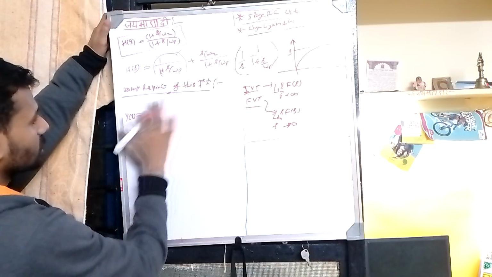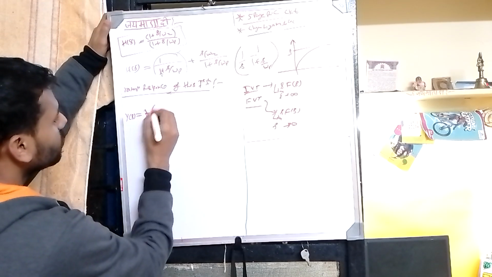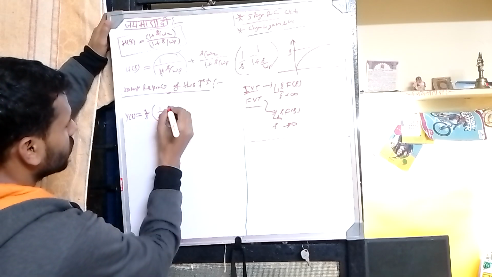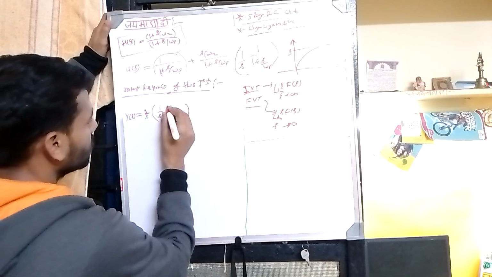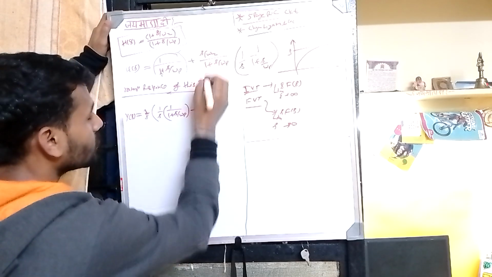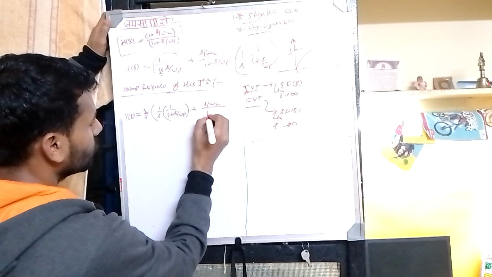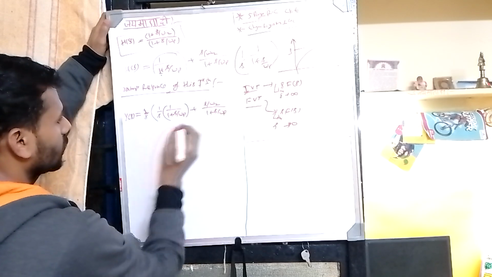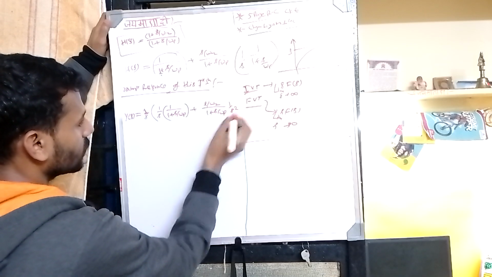It will become 1 by s upon 1 plus s by omega p, plus s by omega z upon 1 plus s by omega p, multiplied by 1 by s square.